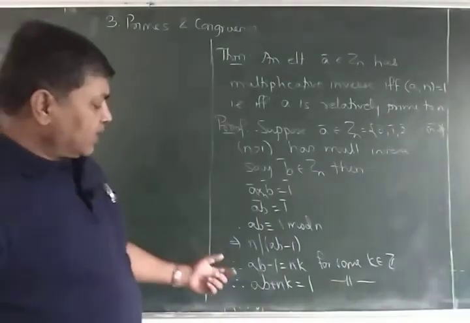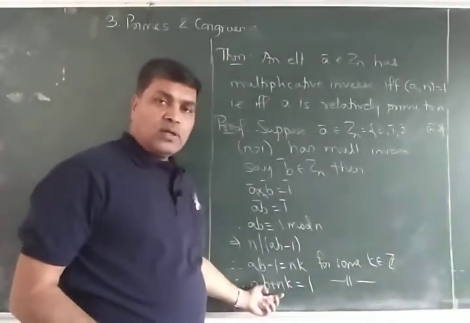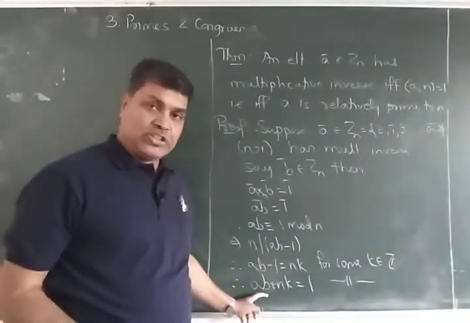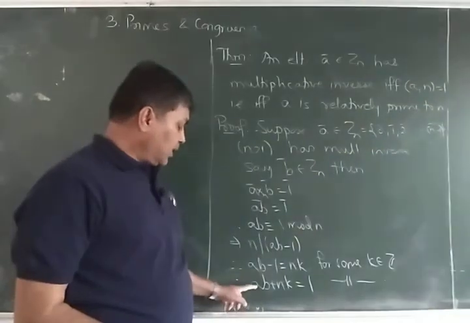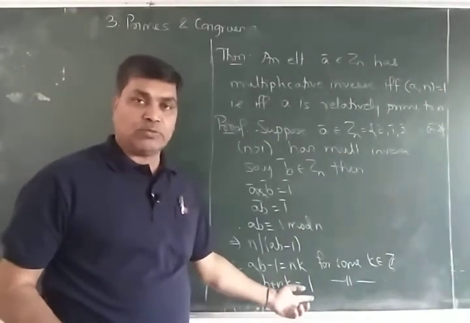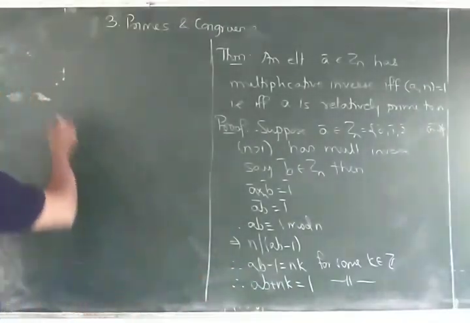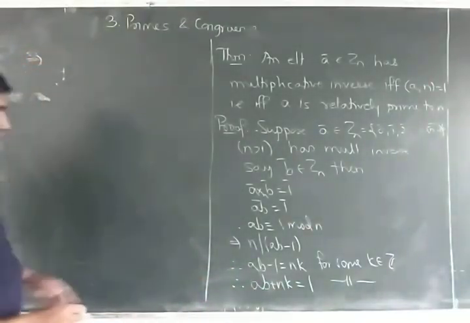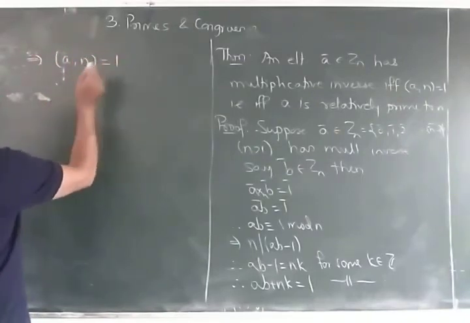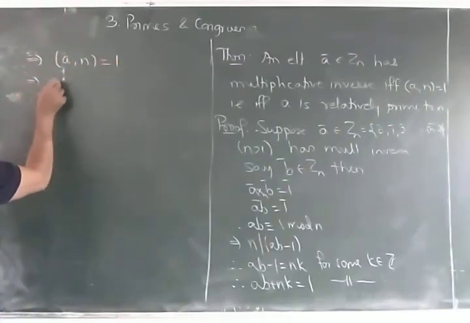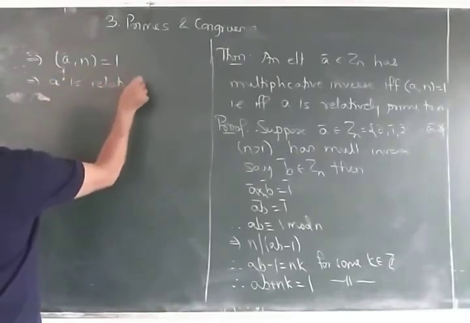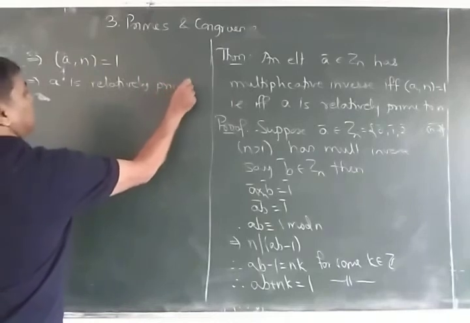And now we know that if a combination of integers via multiplication and addition is 1, then the GCD of one integer from the first product and one integer from the second product is always 1. Okay. This implies GCD of a and n is equal to 1, which implies a is relatively prime to n.